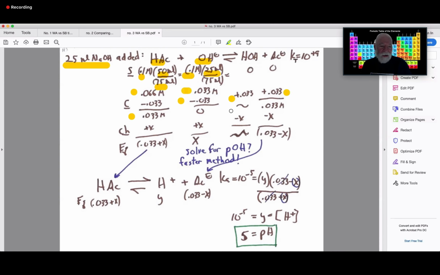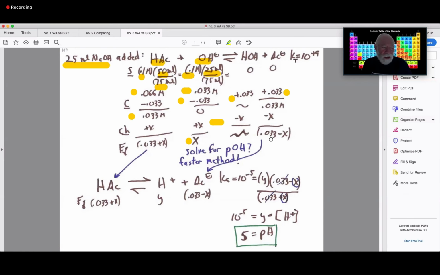Now you can't have the zero, so that's why in the change step it's going to go to the left, dealing with plus x, minus x, plus x, and plus x. So at equilibrium, you've got 0.033 plus x for the acetic acid, x for the hydroxide, water we don't care about, and 0.033 minus x for the acetate.